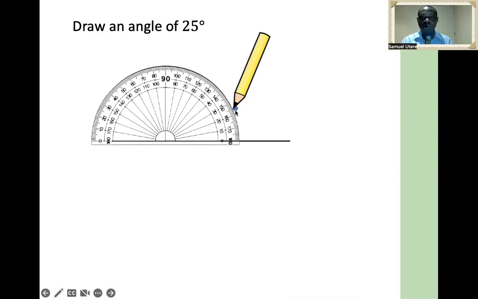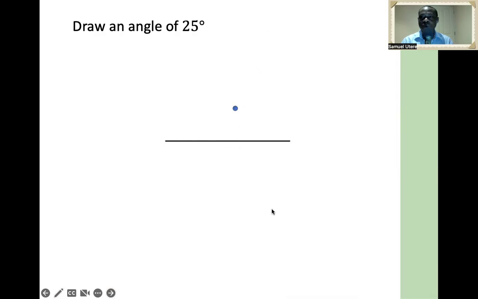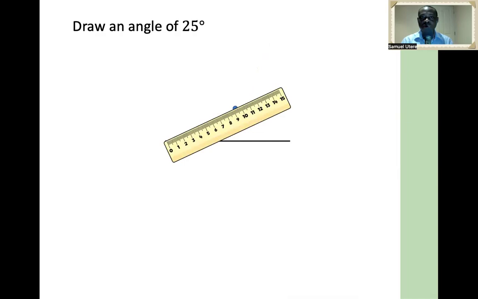So you mark 25 degrees. You take off the protractor, take a ruler, and draw from the end of the line where you measured your angle, a line to connect with the point that you have marked for 25 degrees. And that gives you your angle.